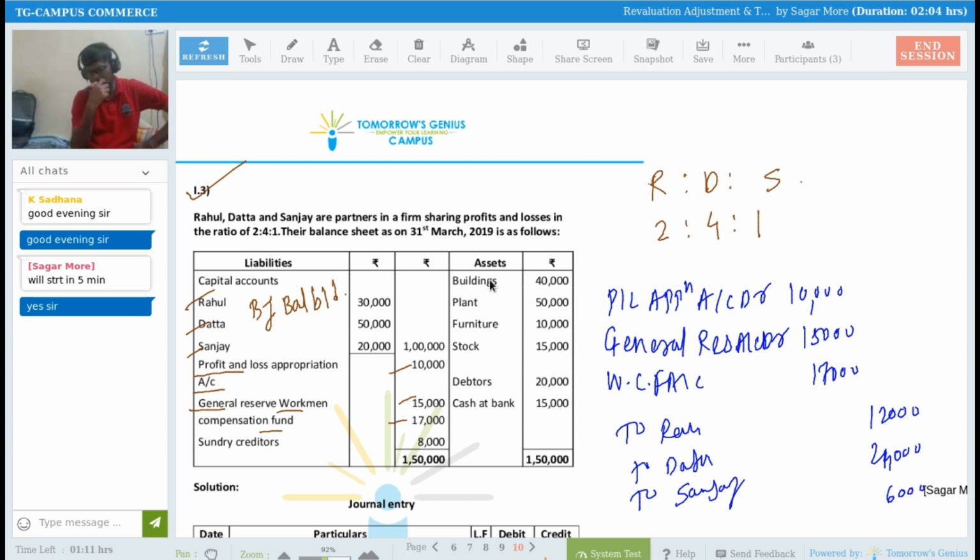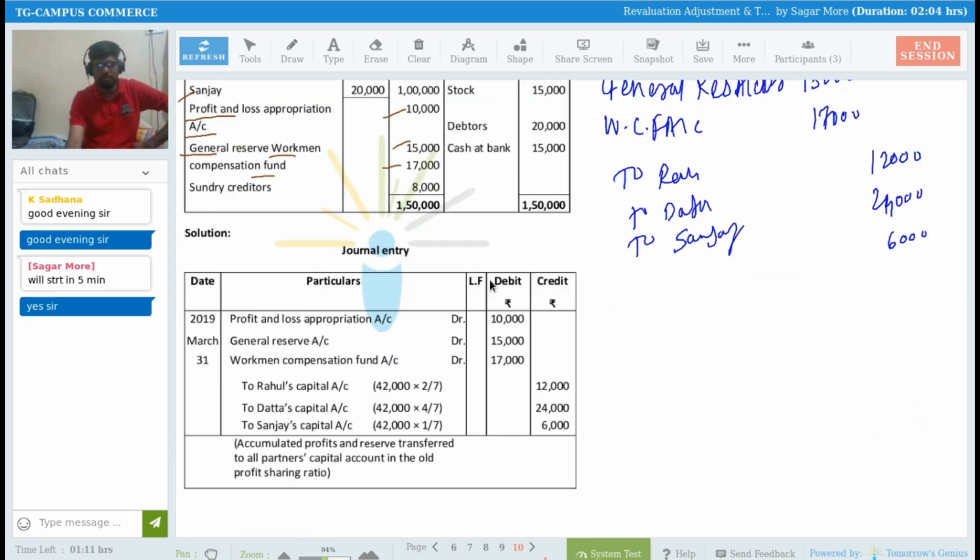Just check: 10 plus 15 plus 17 is 42, and 12 plus 24 plus 6 is 42. No issues. I have written the name incorrectly, that's why. Simple.